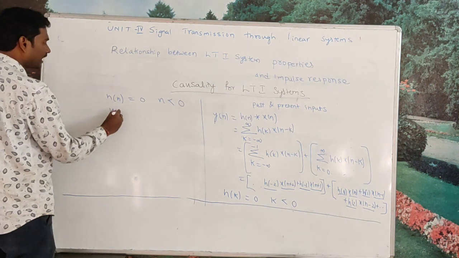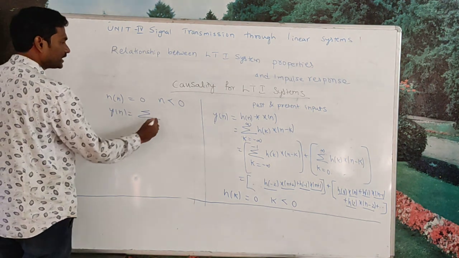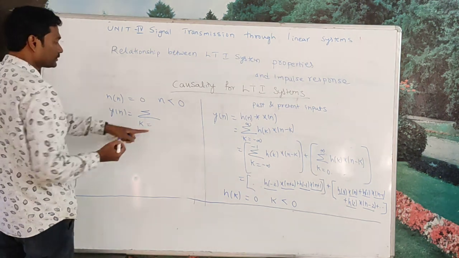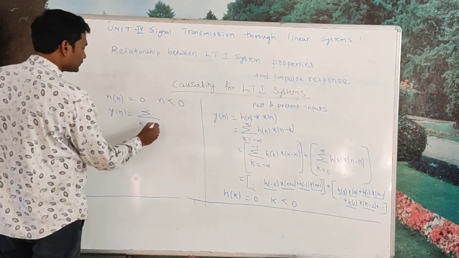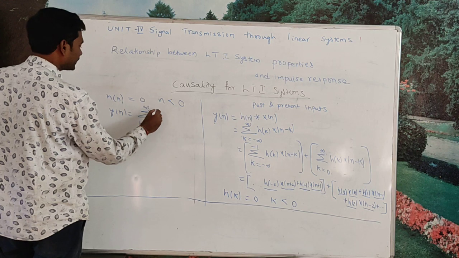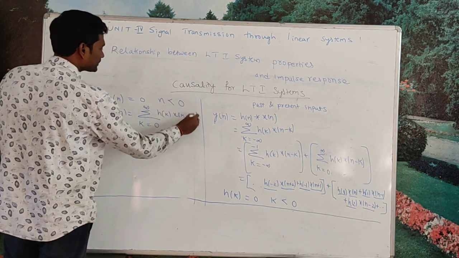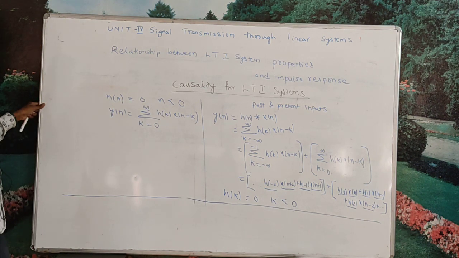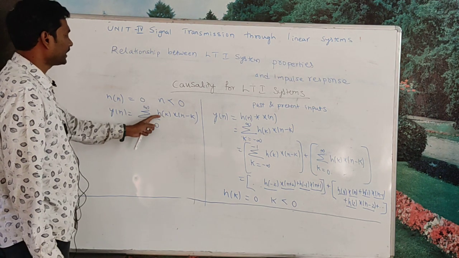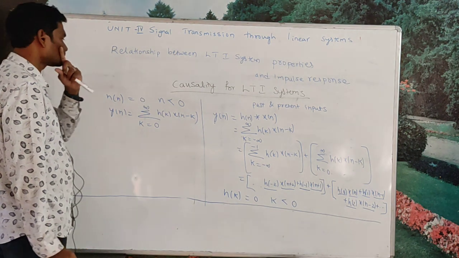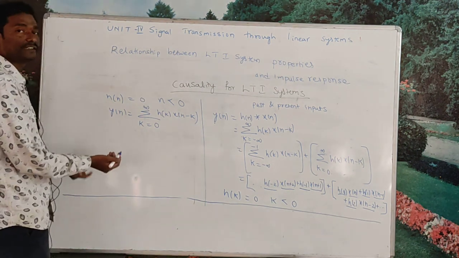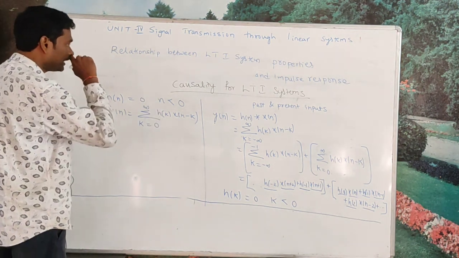Now we can rewrite the output. y of n equals summation over k, where k can take only positive values, from k equals 0 to infinity h of k x of n minus k. Similarly, we can extend this to continuous time LTI systems.